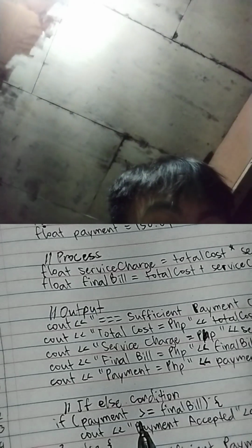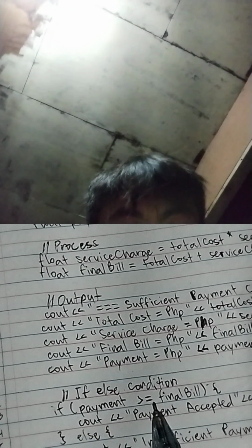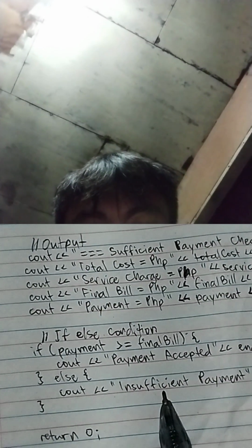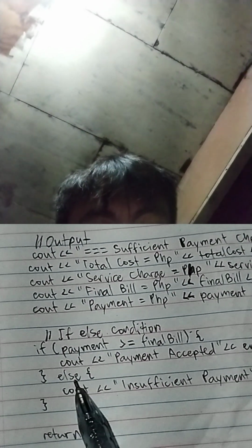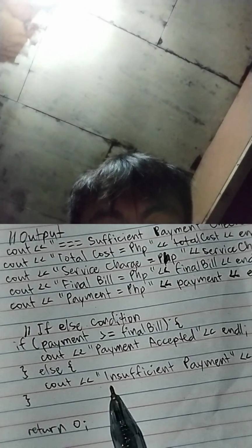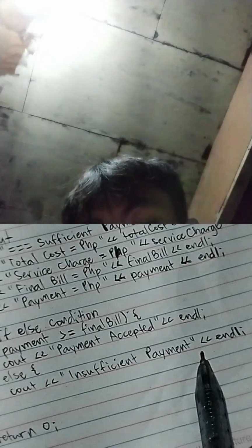So if payment is greater than or equal to the final bill, it will output payment accepted. And if it's no or if it is false, it will output insufficient payment. And endl again.